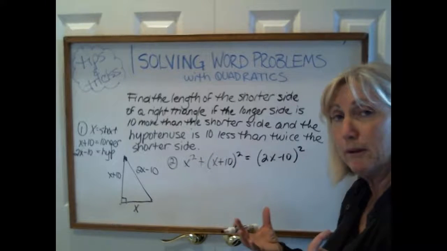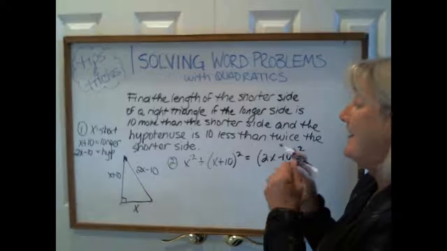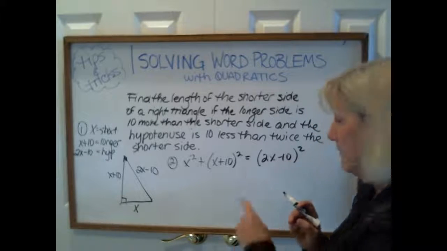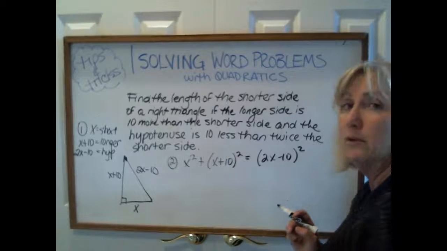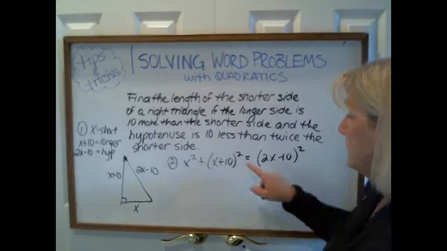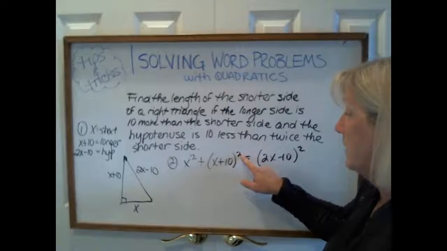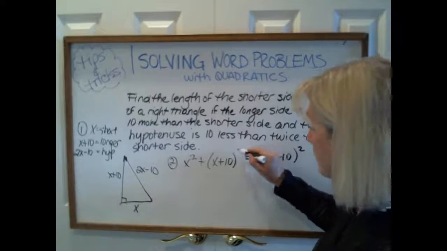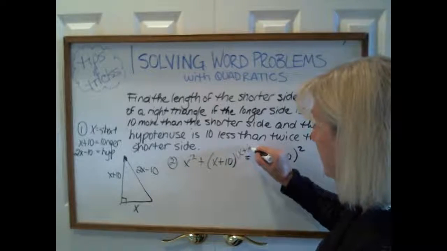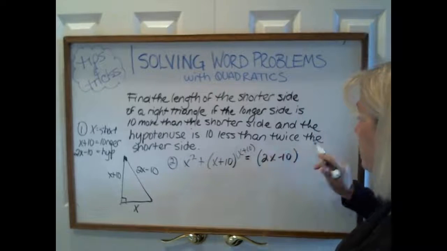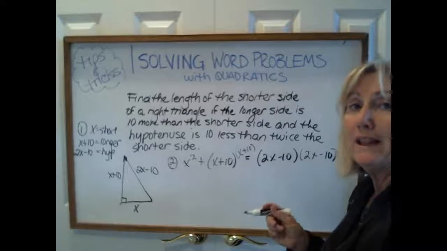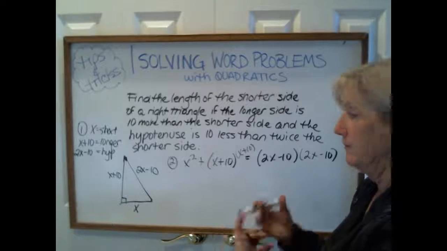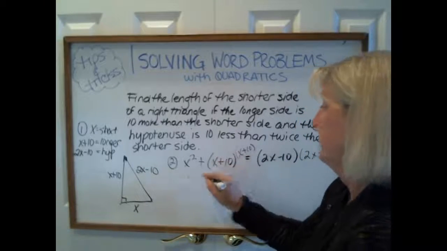Now I'm going to bring to everybody's attention the next mistake that people try to make: they just try to say (x plus 10) squared is going to be x squared plus 100. But what you really need to do, instead of writing squared, what I like to do is write it down twice. So it's (x plus 10) times (x plus 10), and this one would be (2x minus 10) times (2x minus 10), so I don't make the mistake of not FOILing. So I'm going to work this out.